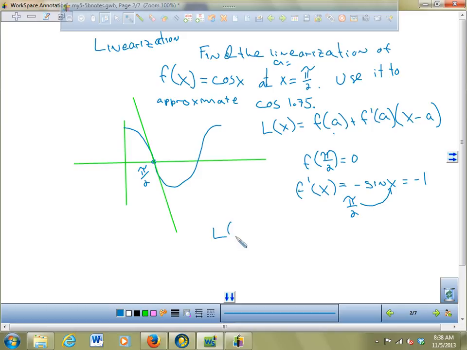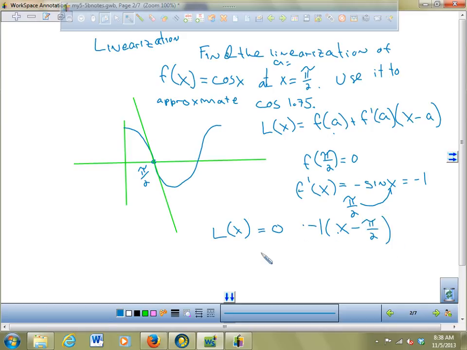So L of x looks like f of a, which is 0, plus f prime of a, which is negative 1, times x minus a, which is pi over 2.